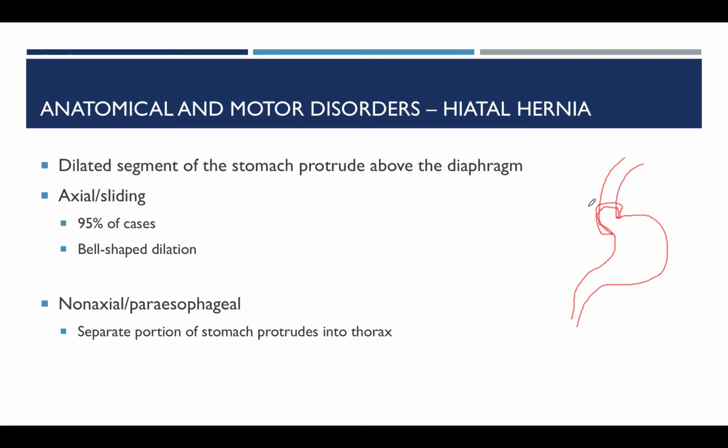In paraesophageal, if this is the diaphragm, you will have a portion of the stomach protruding into the thorax through this diaphragm. So it will occur somewhere next to the esophagus. An interesting fact is that in paraesophageal hernias, you can actually hear bowel sounds at the lung fields.